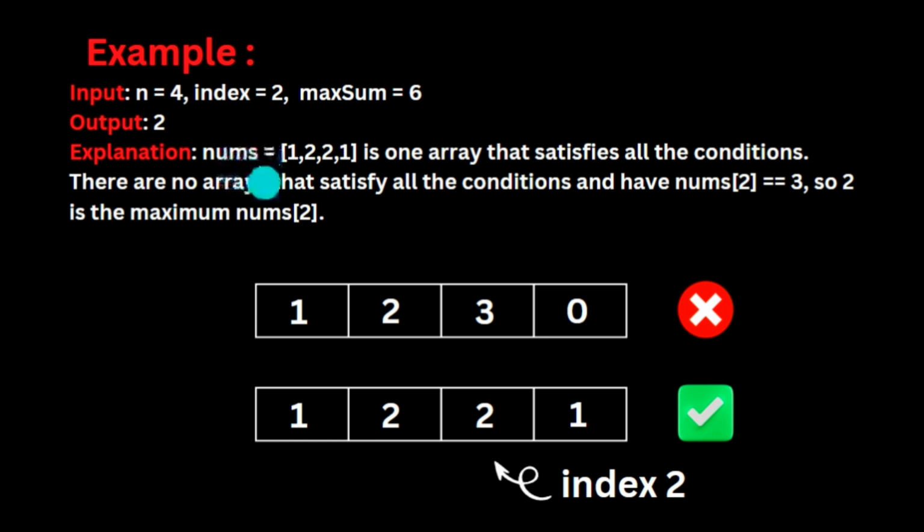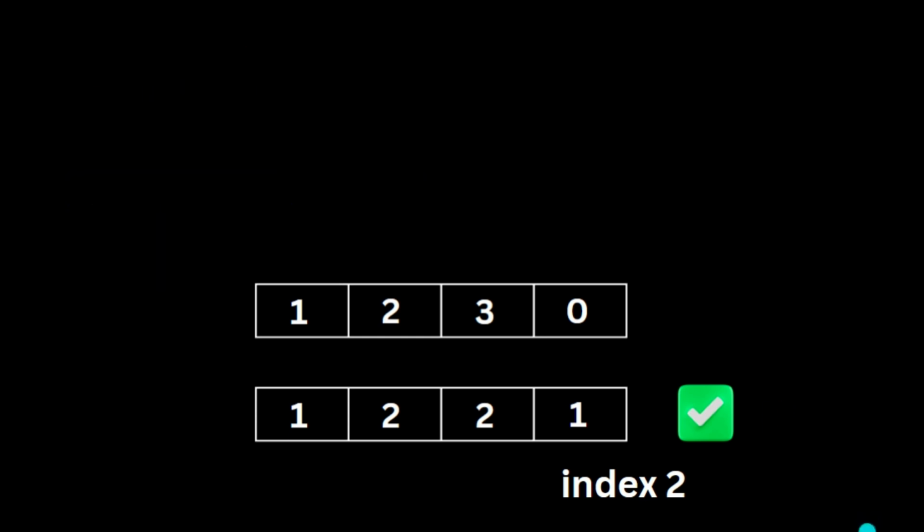Let's take nums[index] as 3. If we take 3, the sum will also equal 6, but here the absolute difference will be 3, so this is not possible. So we can take this array, and it will satisfy all the conditions.